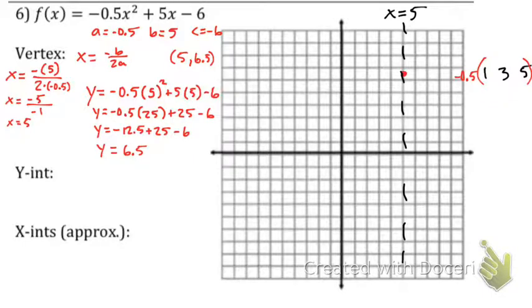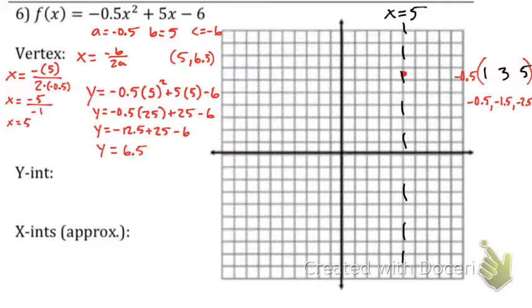Negative 0.5 times 3 is negative 1.5. And negative 0.5 times 5 is negative 2.5. So my 1, 3, 5 rule is now negative 0.5, negative 1.5, negative 2.5.